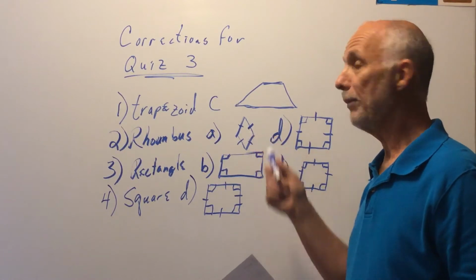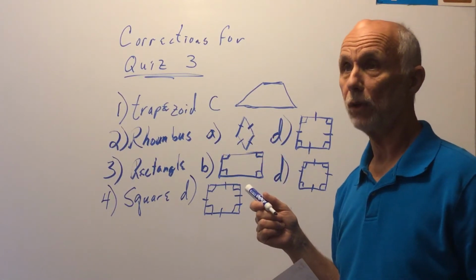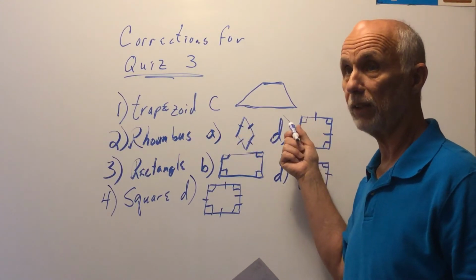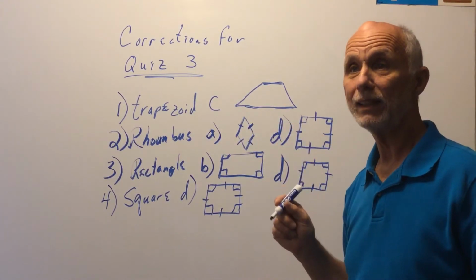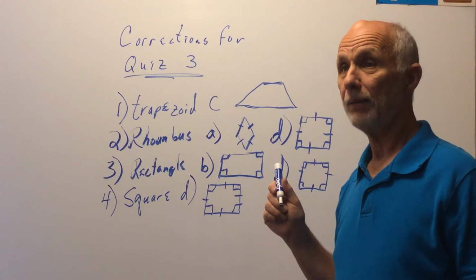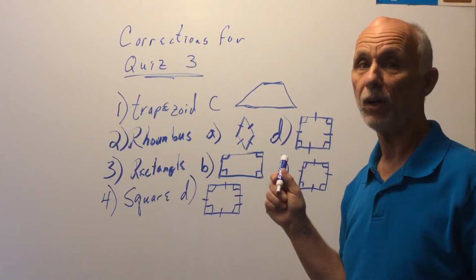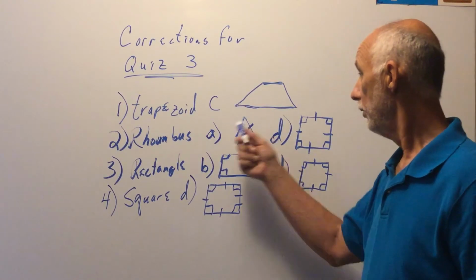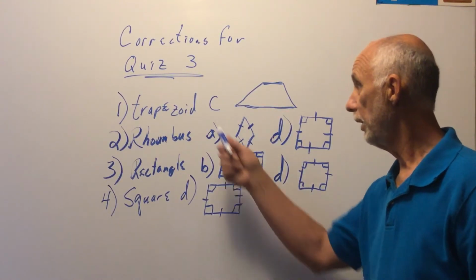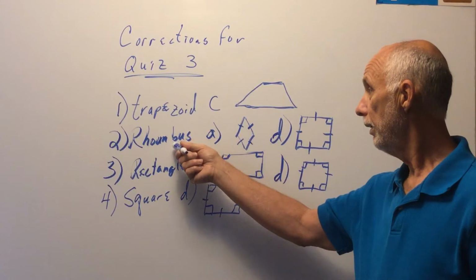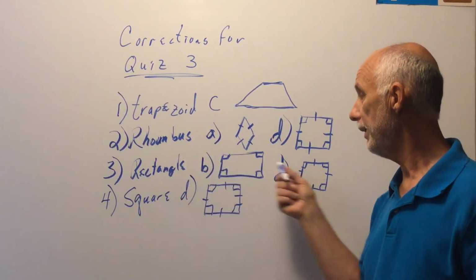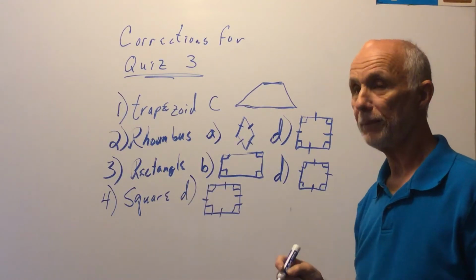And a rhombus doesn't have to have all angles congruent. It just has to have all sides congruent. So anyway, that was the matching. 1 was C, 2 was A and D, 3 was B and D, and 4 was D.